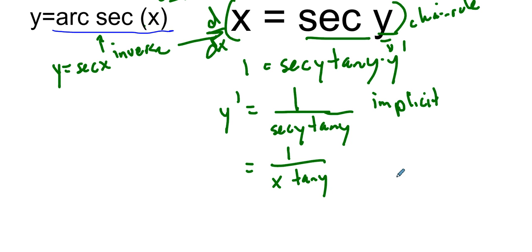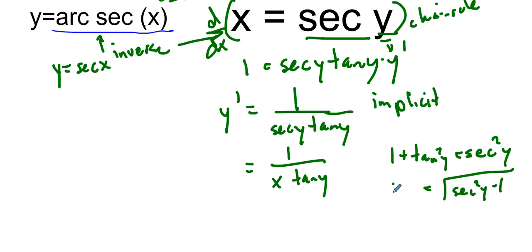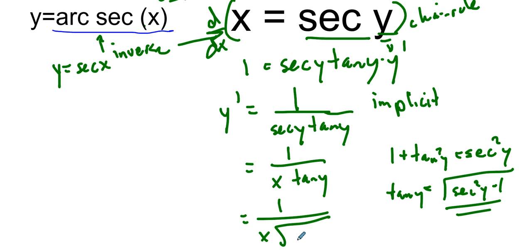We also know that 1 plus tangent squared of Y equals secant squared of Y. Solving for tangent, we have secant squared of Y minus 1. Take the square root, only adding the positive, and we have tangent of Y. So tangent of Y is going to equal the square root of secant squared of Y minus 1.